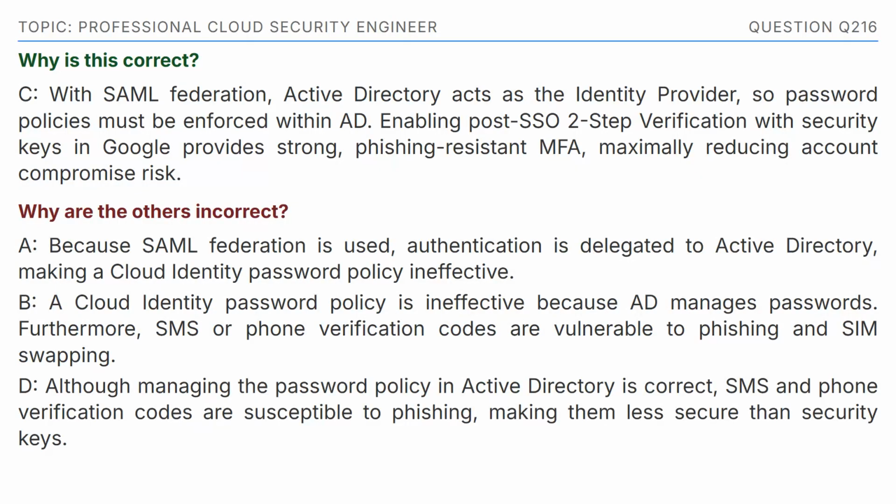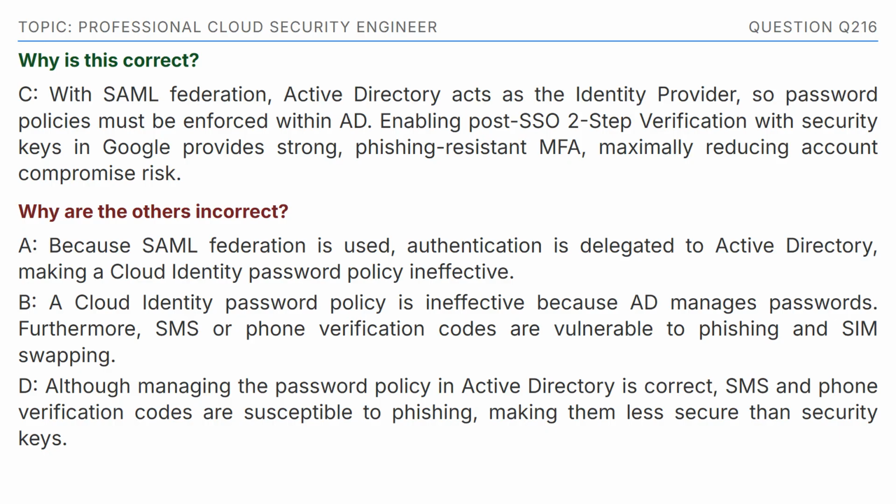Why is this correct? C. With SAML federation, Active Directory acts as the identity provider, so password policies must be enforced within AD. Enabling post-SSO two-step verification with security keys in Google provides strong, phishing-resistant MFA, maximally reducing account compromise risk.